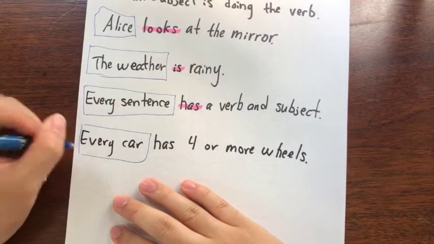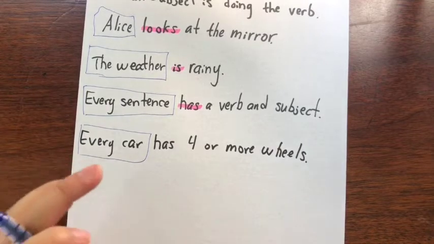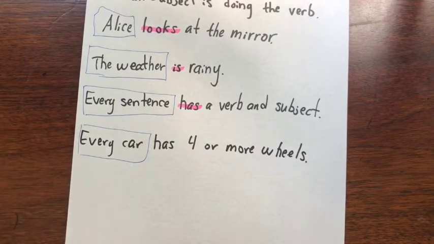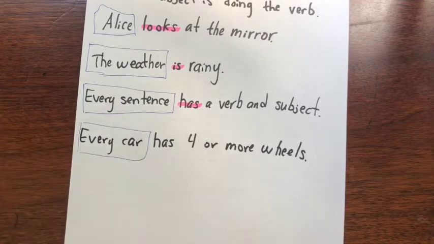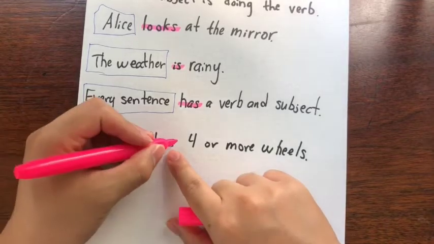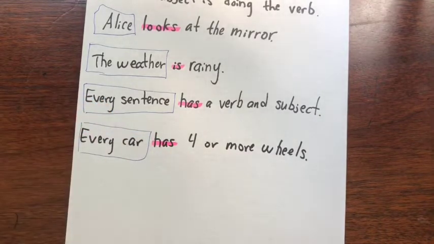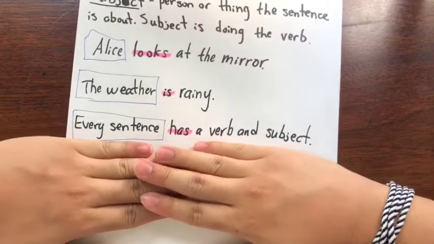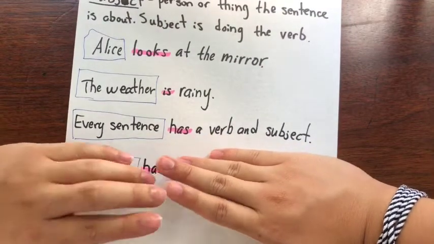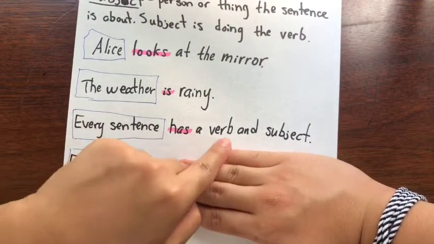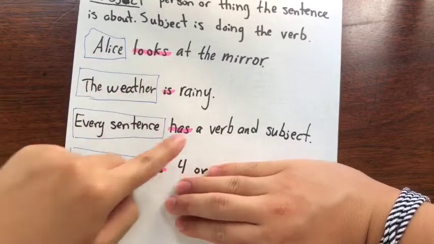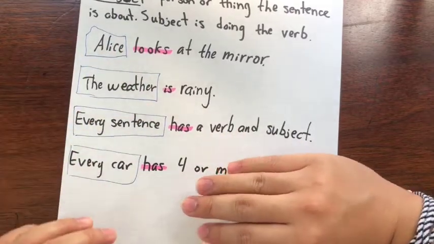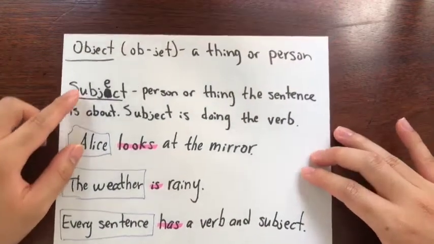Car, or every car. What is the verb? The verb or the action is the word has. So we can see that every sentence has a verb in pink and a subject, the blue square. So that's what subjects are.